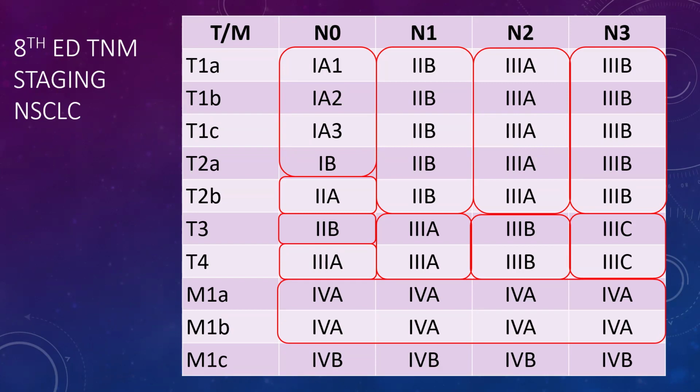So regardless of the organ involved, it just has to be one single metastasis. So those will fall under 4A. And lastly, if you have several, multiple distant metastasis, multiple extrathoracic metastasis, regardless of the organ involvement, then those will fall under stage 4B. Okay?